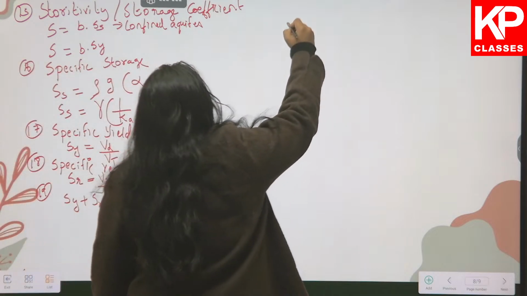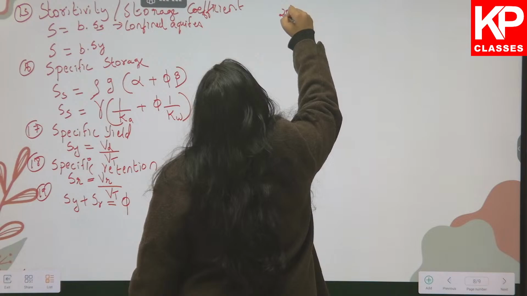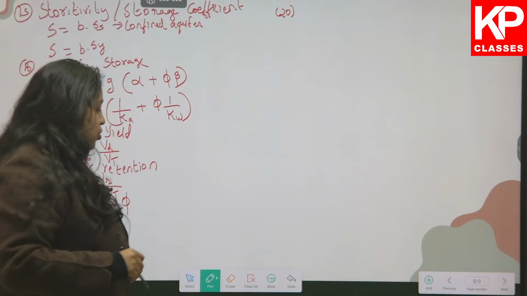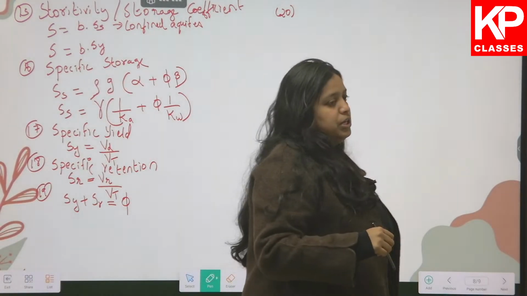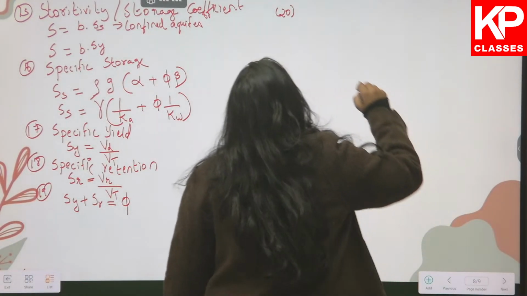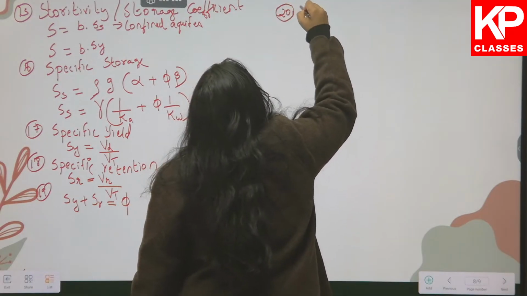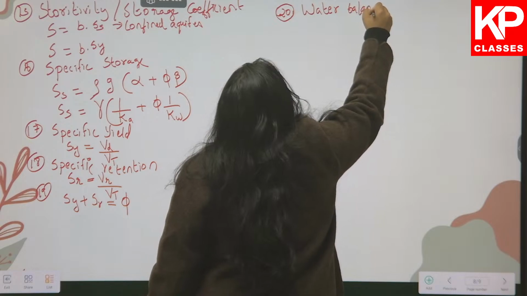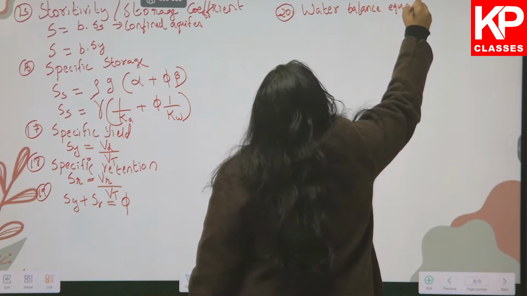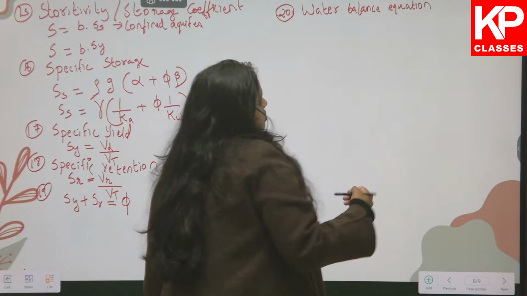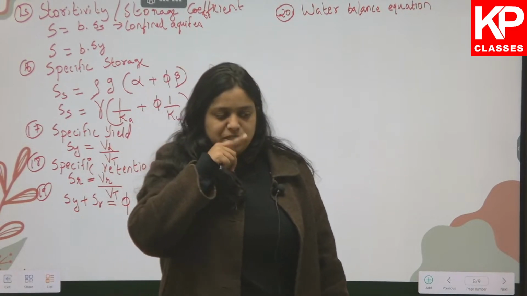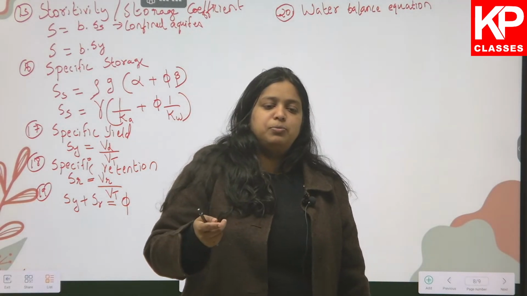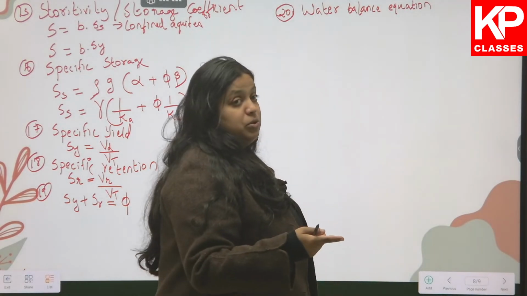Then the next equation is related to the change in storage, the water balance equation. The water balance equation is also called the water budget equation or hydrological budget equation; hydrological budget equation is the most common term.